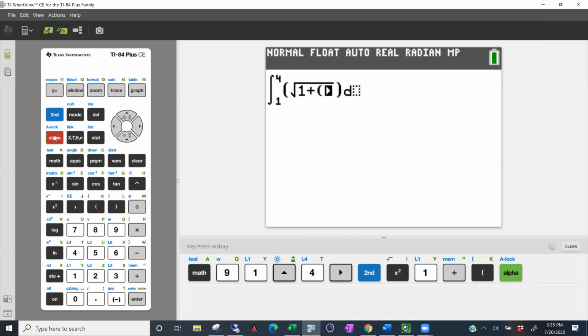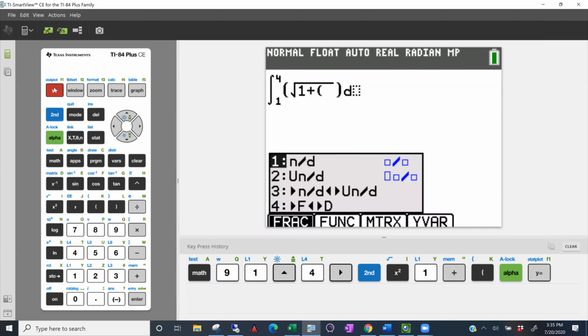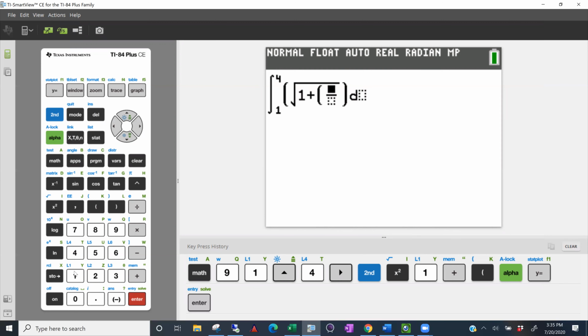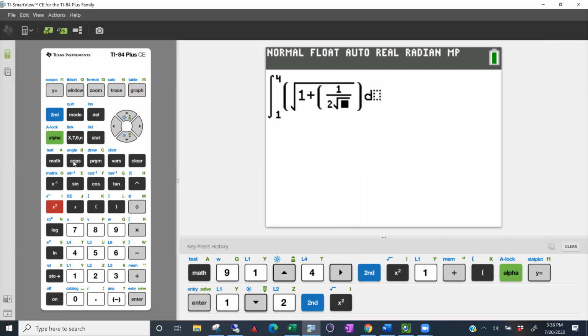If you hit the alpha key, then the y equals key, the first option there is for just a nice regular old fraction. So I'll press enter. And then I can type 1 divided by, and I'll scroll down, 2 times the square root of x.